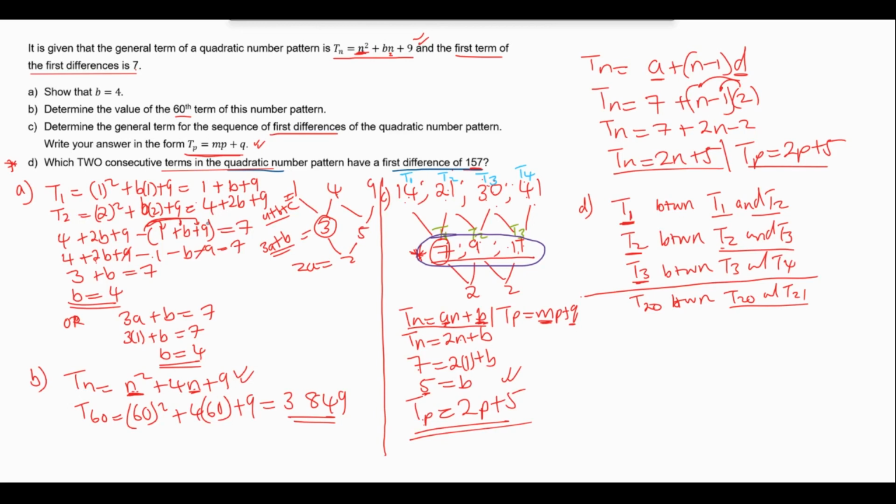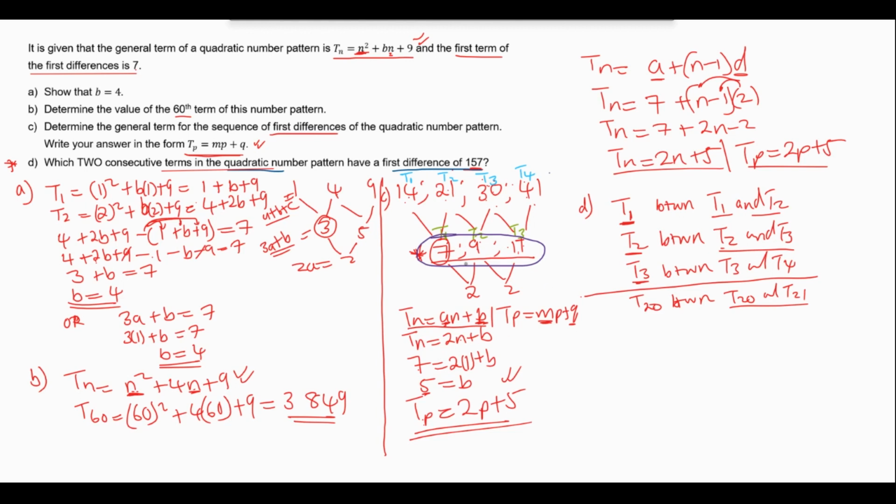Let's say 157 is term number 50 in the first differences. It will mean that it is between term number 50 and term number 51 in the quadratic sequence. Say 157 is term number 76. It will mean that it is between term number 76 and term number 77 in the quadratic sequence.